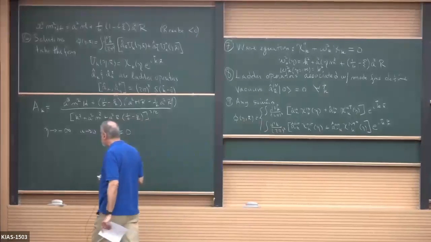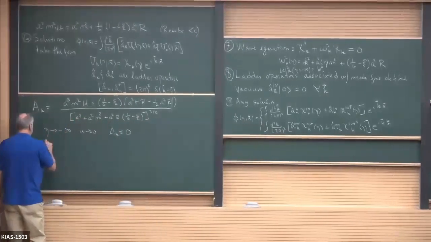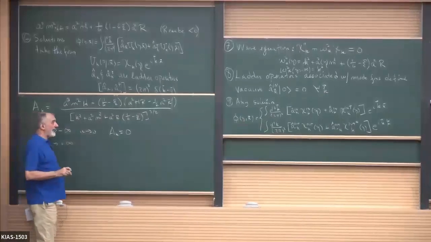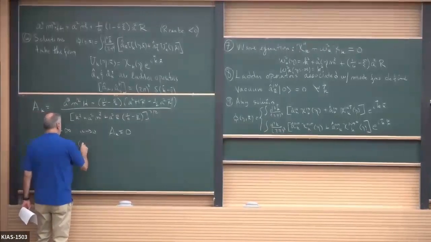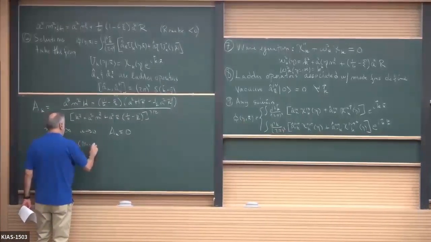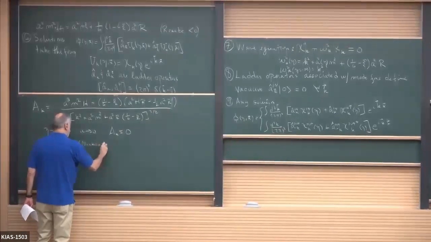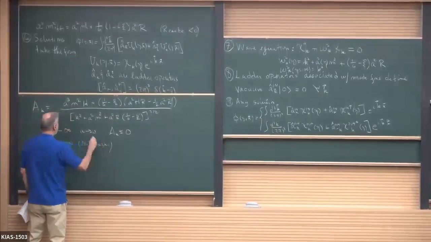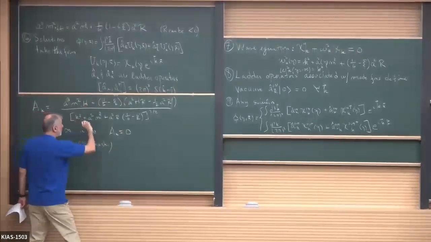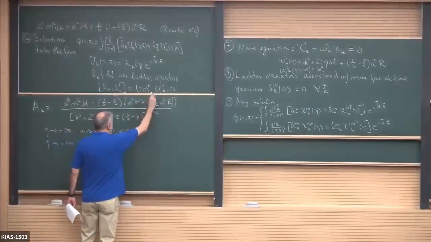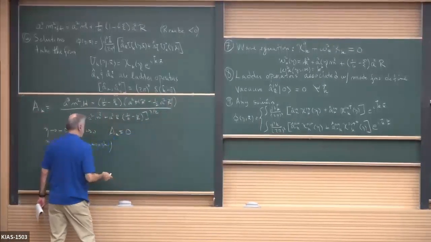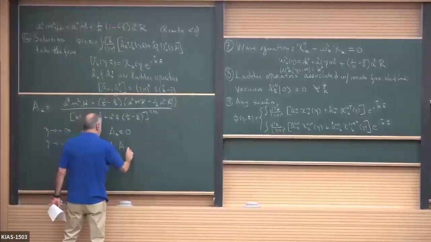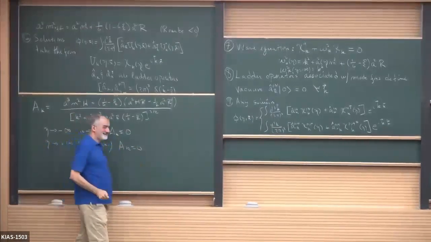Now, as eta goes to plus infinity, we look at today, essentially it's Minkowski. And H vanishes, R vanishes, R prime vanishes, and again, A sub k is 0.